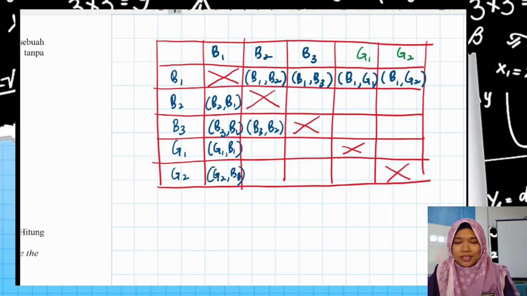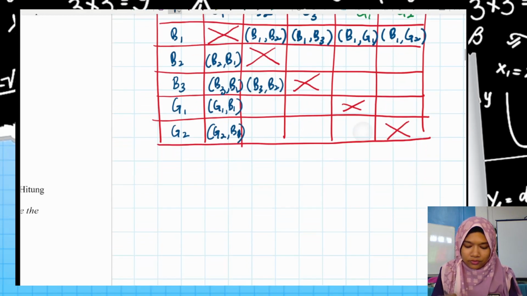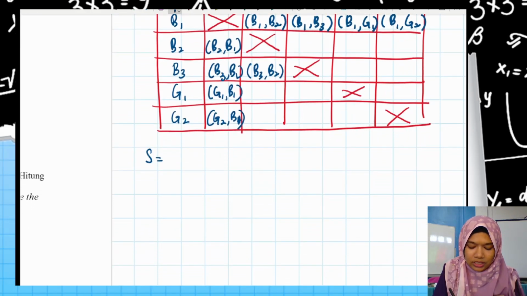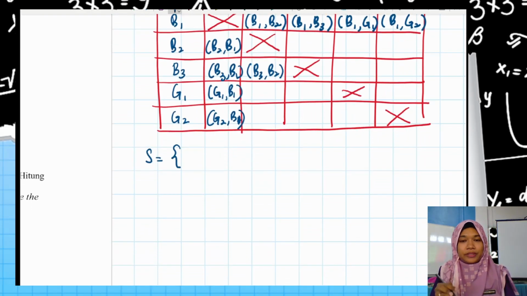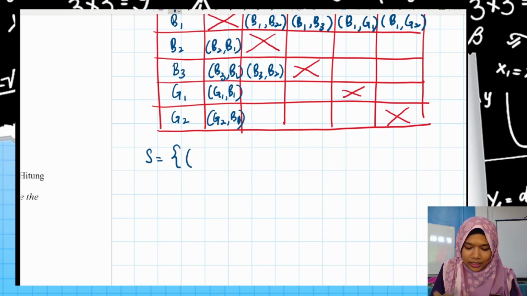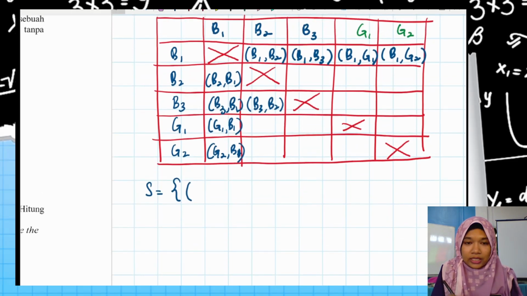So akan ada berapa possible outcomes? How many elements are in the sample space? 20. You will get all 20 possible outcomes. But don't leave your answer in this table. You list it using set notation. For example, S equals, open the curly bracket, and then your answer is in ordered pairs.